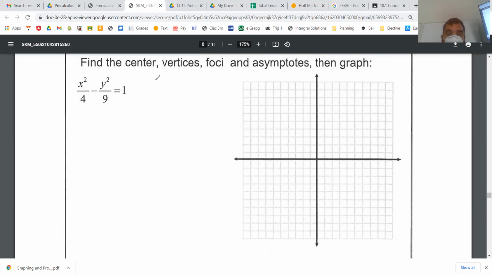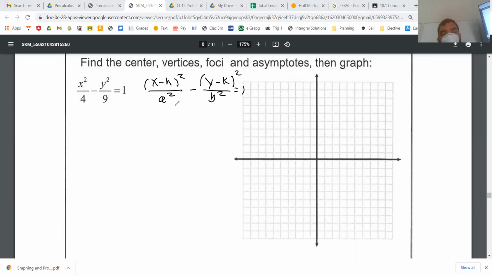So we're going to find everything here. Just remember our original equation, if you don't have it already written down, is x minus h squared over a squared, and we know x is in the front because it's the positive one, versus y should be the second one, or the b, because it's b over here.